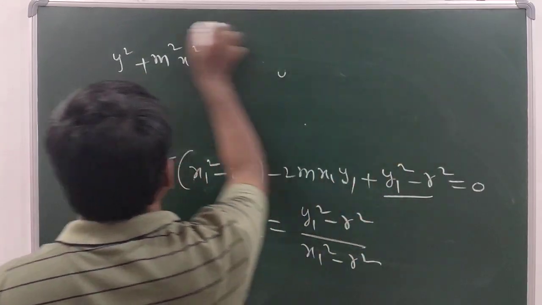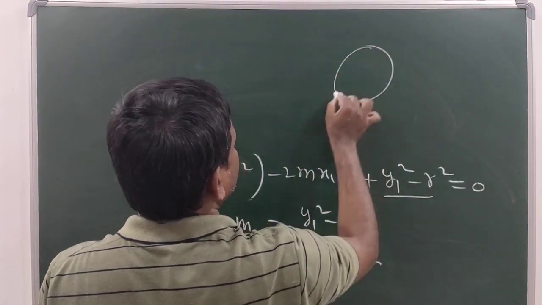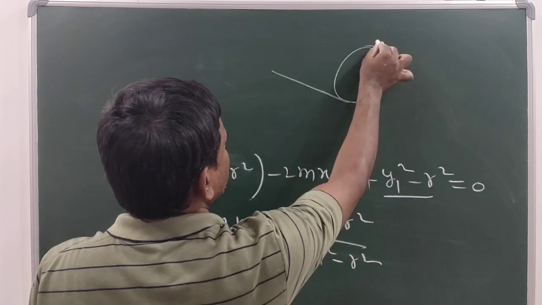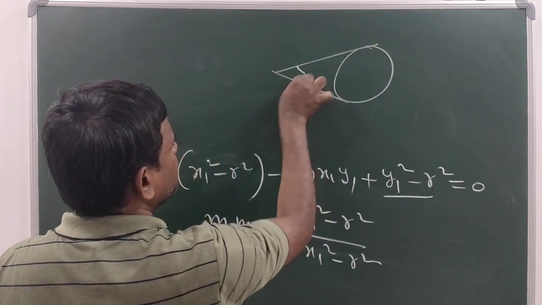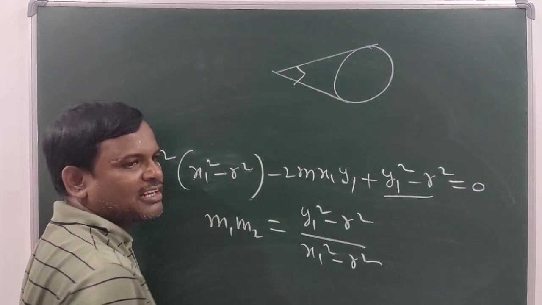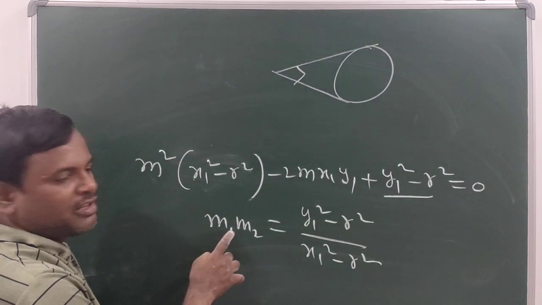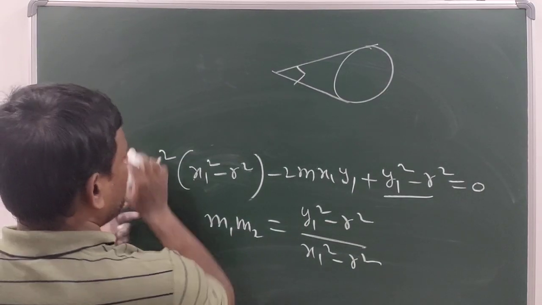Suppose the angle between the tangents is 90 degrees, that is, these two tangents are perpendicular. If the two tangents are perpendicular, then the product of their slopes is equal to minus 1. Write m1 m2 equal to minus 1.